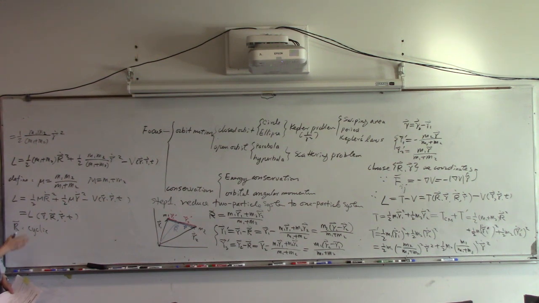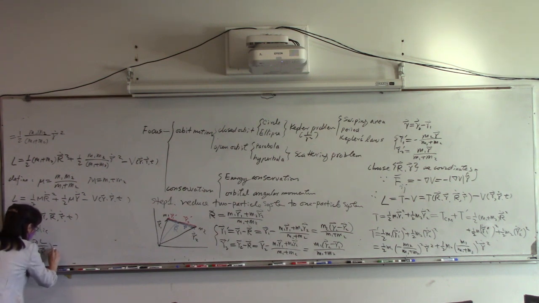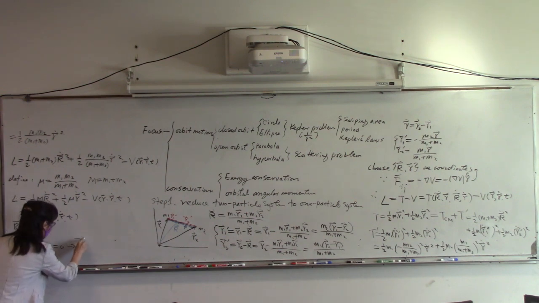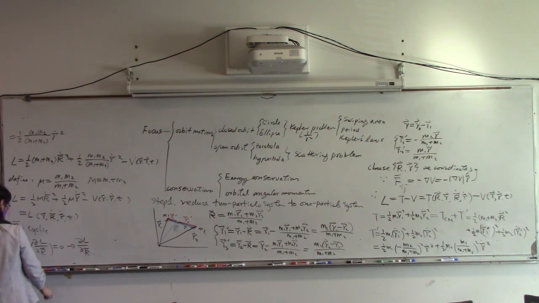So what that means is that d/dt of partial L over partial R dot is equal to 0, right? Sorry, total derivative.